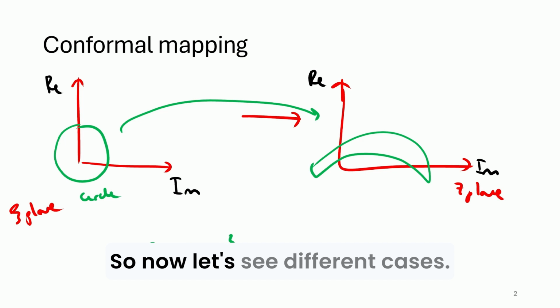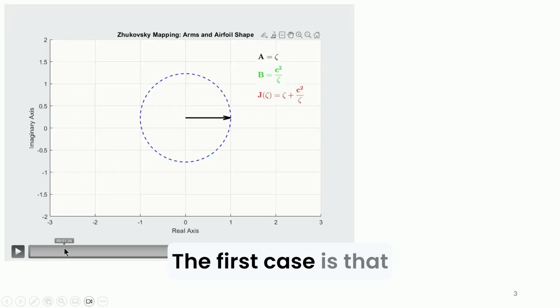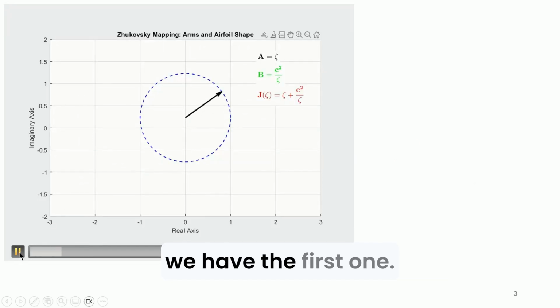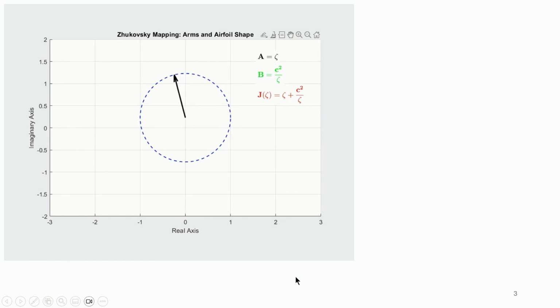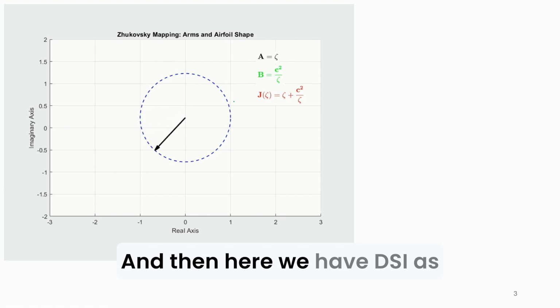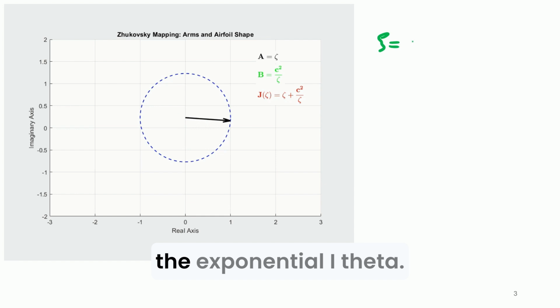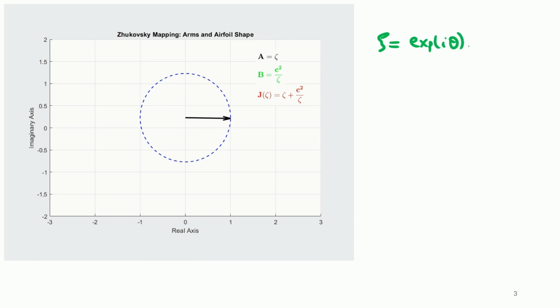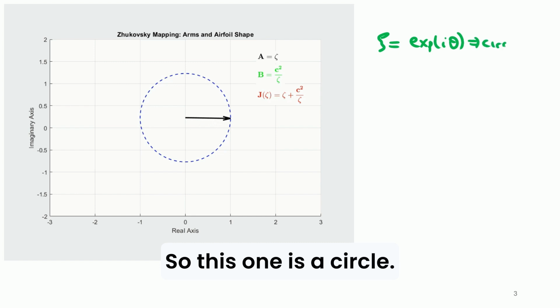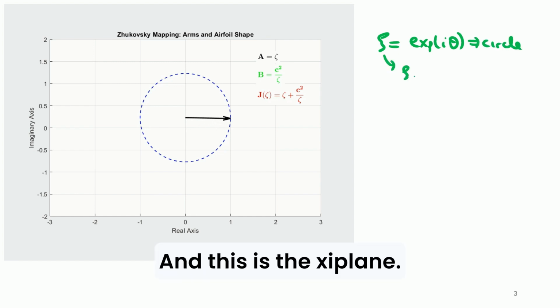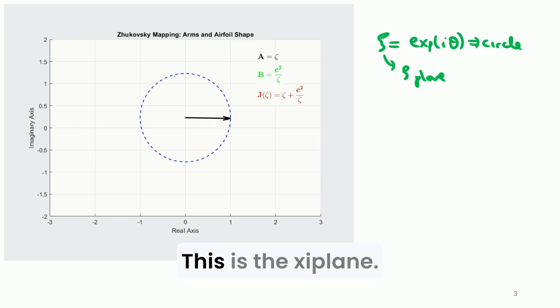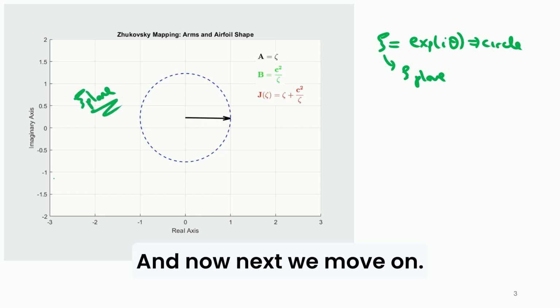So now let's see different cases. The first case is that we have the first one, and then here we have the xi as the exponential i theta. Okay, so this one is a circle. And this is the xi plane. And now next we move on.